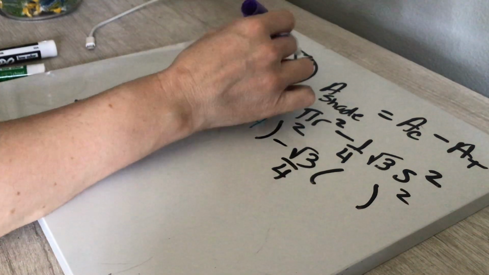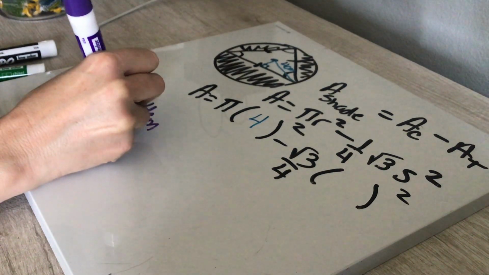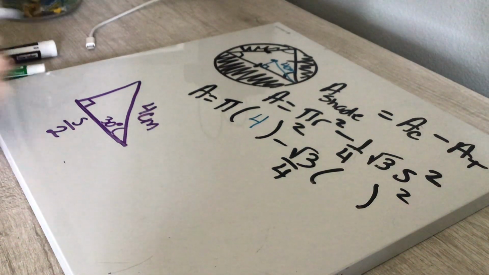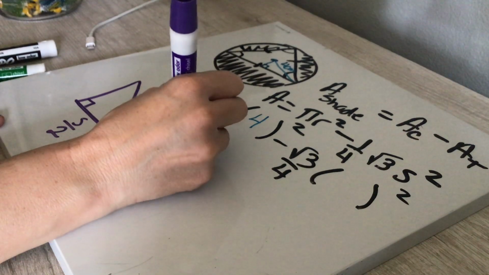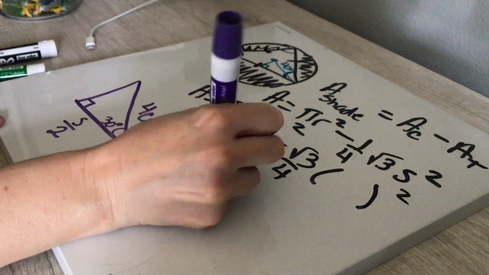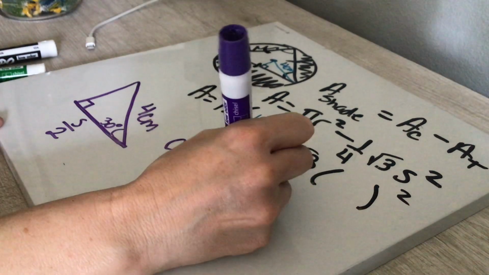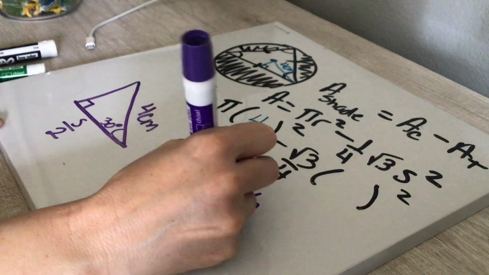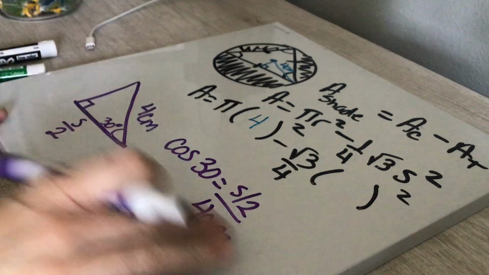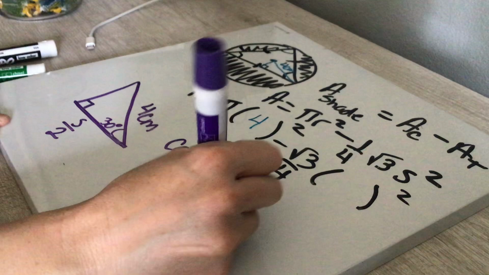Because this was an equilateral triangle, we know this angle is 30 degrees. So we want to find the side next to it. The cosine of 30 is the side adjacent over the hypotenuse.